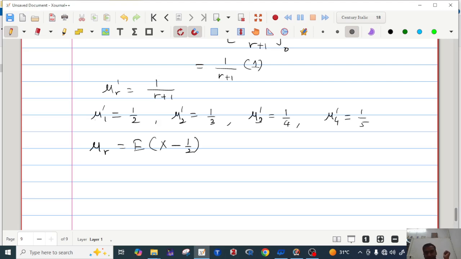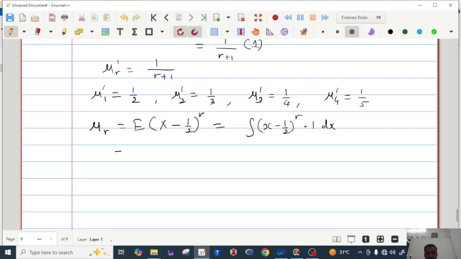Expectation of x minus mu raised to r equals integration from 0 to 1, x minus 1/2 raised to r, f x is 1, dx. तर हे तुम्ही सॉल्व्ह केलं तर काय मिळेल बघा, x minus 1/2 raised to r plus 1, divided by r plus 1.